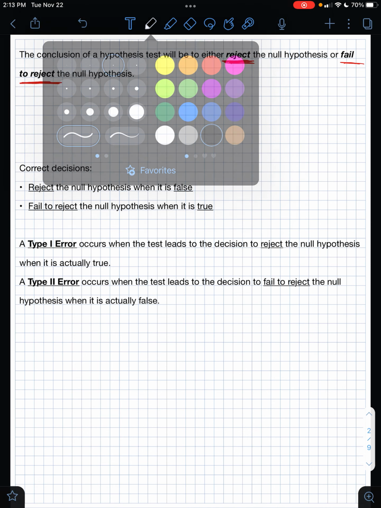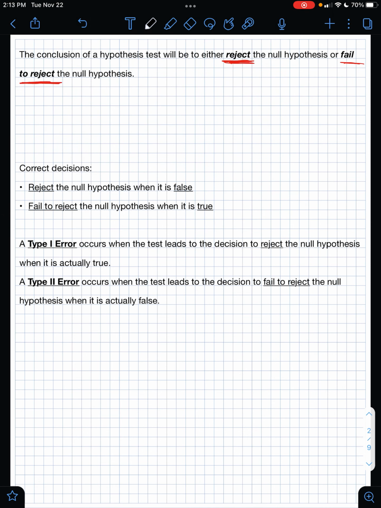The implication is that if we reject H sub O, we are therefore going to accept its contradictory statement, which is the alternative hypothesis. On the other hand, if we fail to reject the null hypothesis, then by default, we have to reject the alternative hypothesis. So one of these is going away, and the other will be kept.